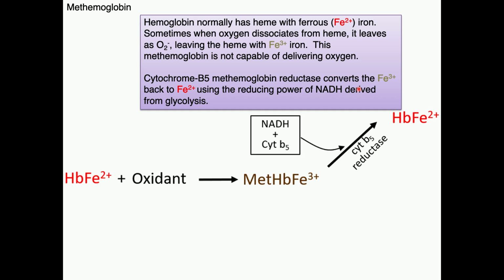Okay, so if we have sufficient reducing power and if this enzyme is present in the cell, the methemoglobin won't generally become a problem.